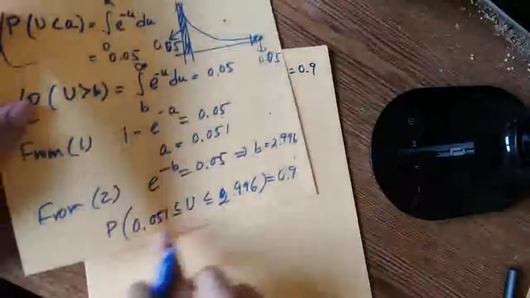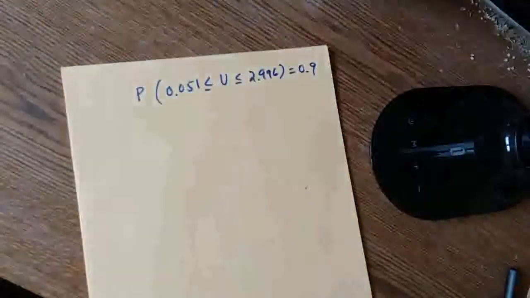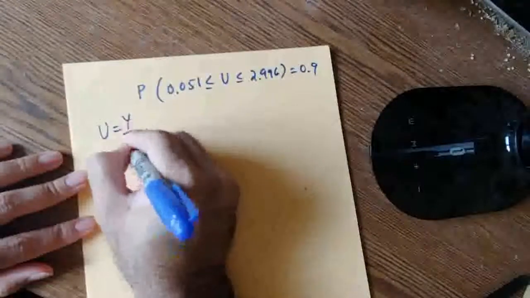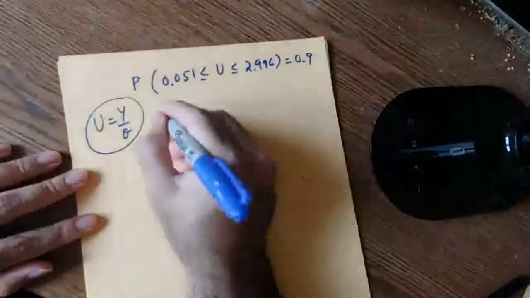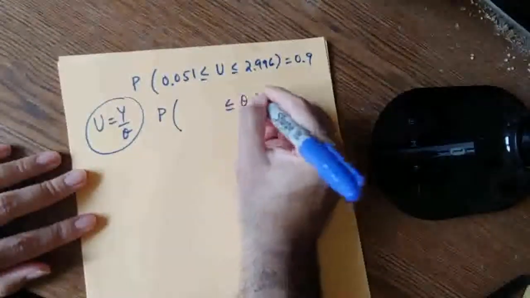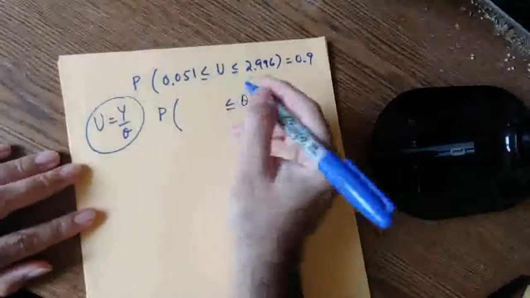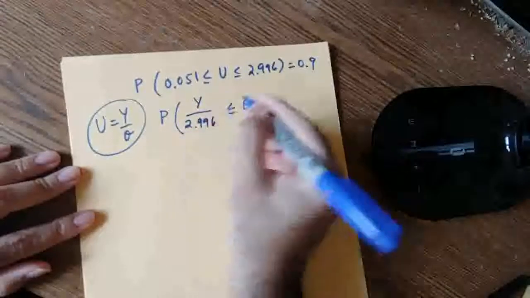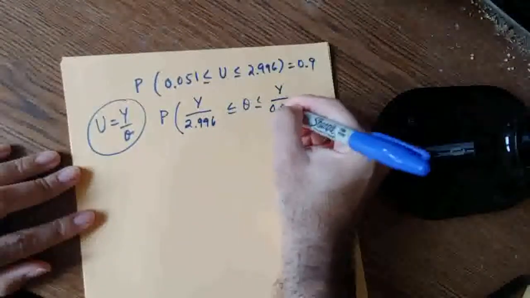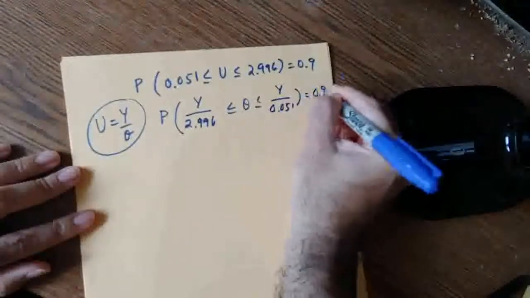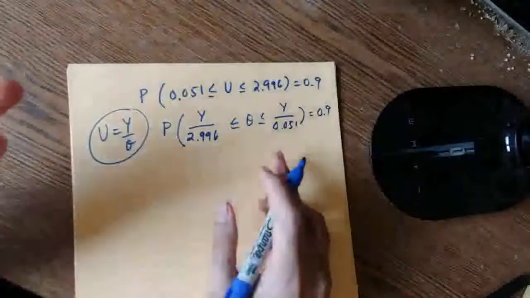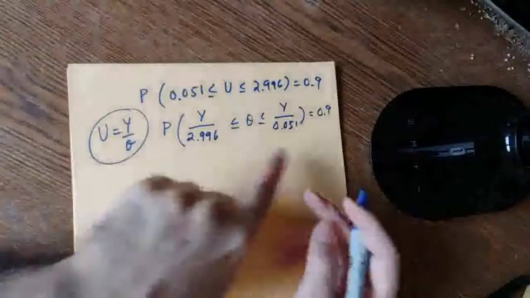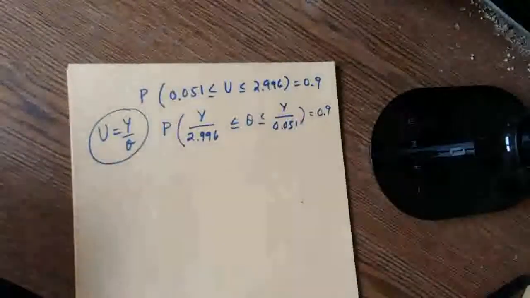Now u is y over theta, so I can have a theta confidence interval here, which will be y divided by 2.996 and y divided by 0.051. If I know y, by collecting the random samples, I can actually find this. So that's the whole idea.